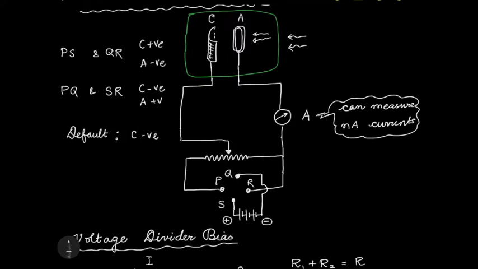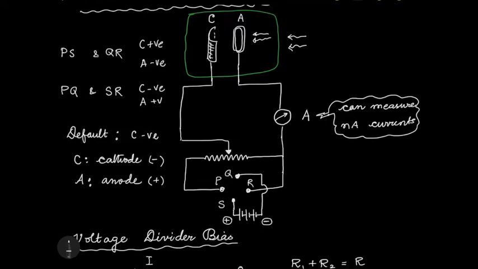C stands for cathode, and A stands for anode. Cathode is something which is negative. Anode is something which is usually kept positive.